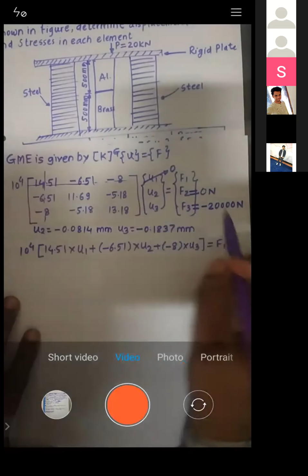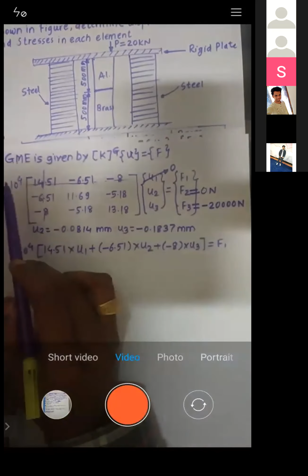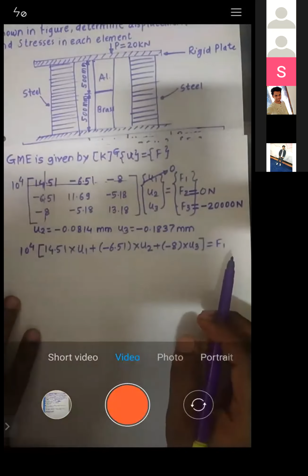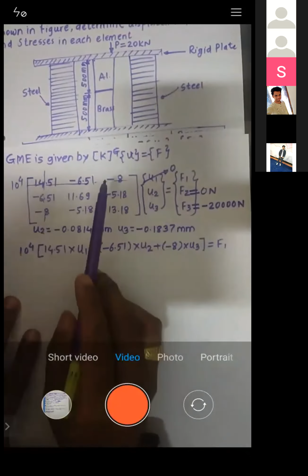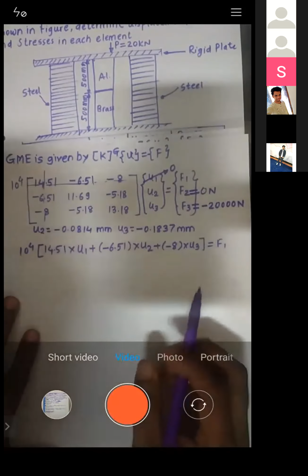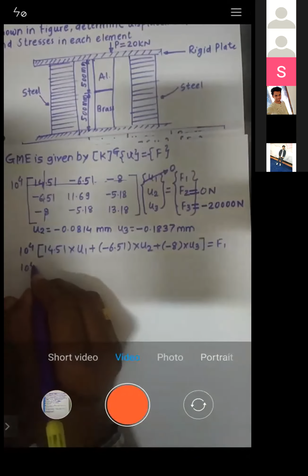Is it okay? This row multiplied by column, but don't forget to take 10 raised to power 4. When you do the multiplication, you need to go element by element, right? So that is what is written.